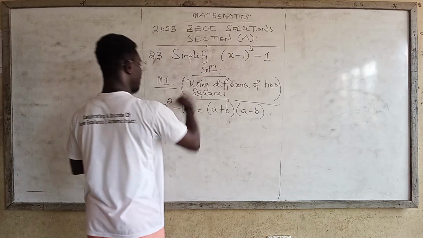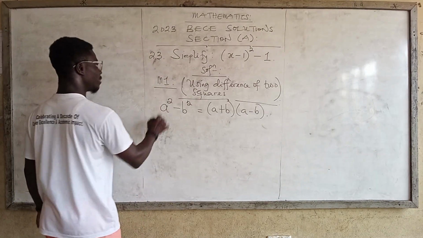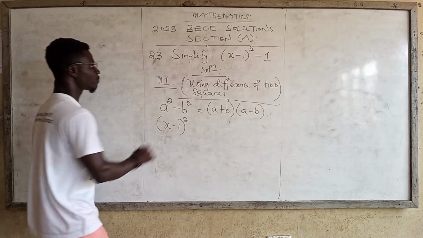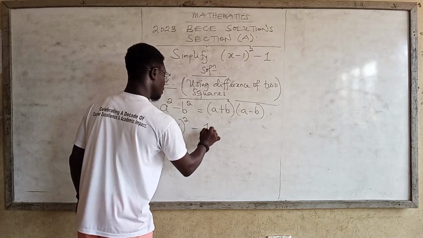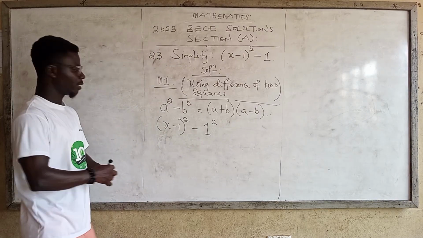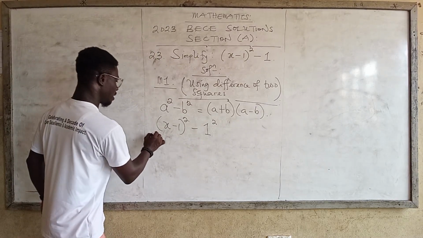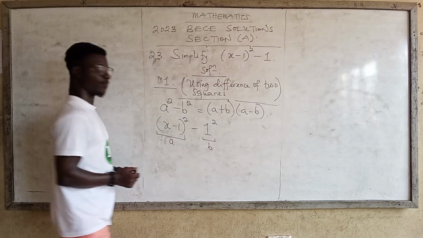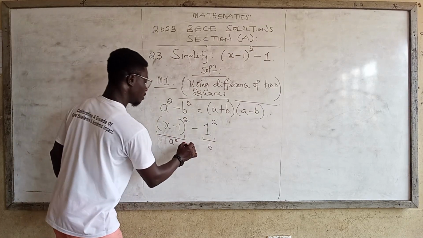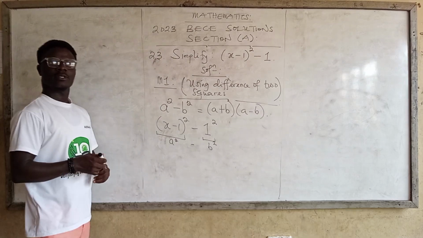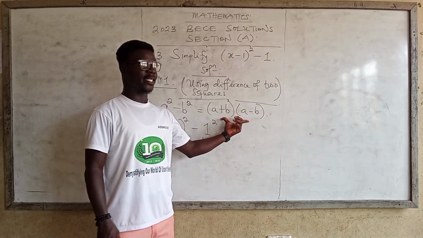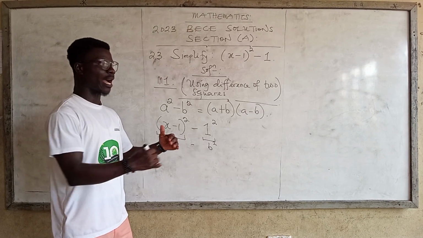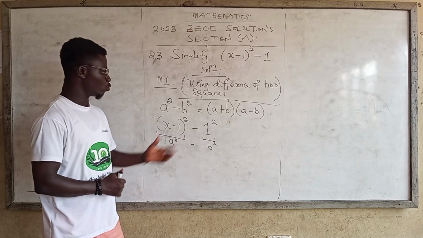Now we can write (x minus 1) squared minus 1 squared. The whole of this is a, and the whole of this is b. So I have a squared minus b squared. The same procedure, see how we've done it, apply it here.